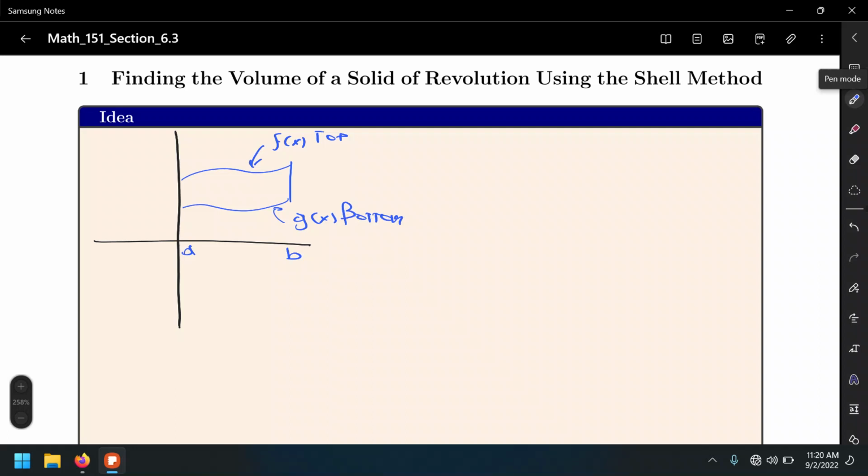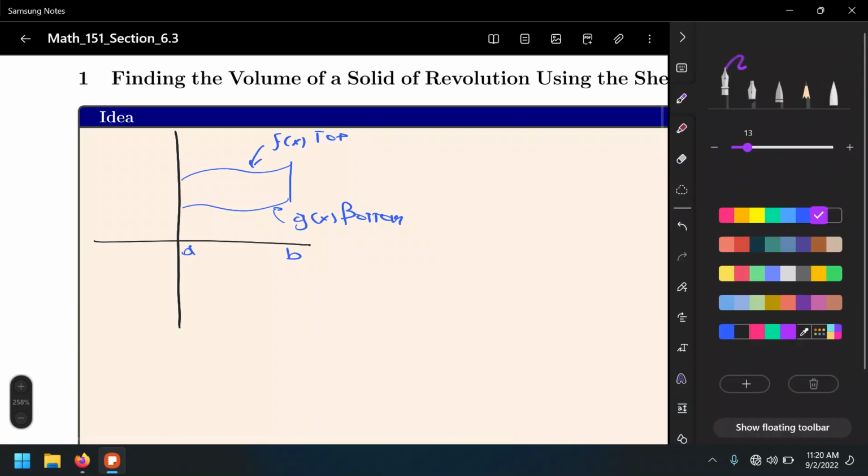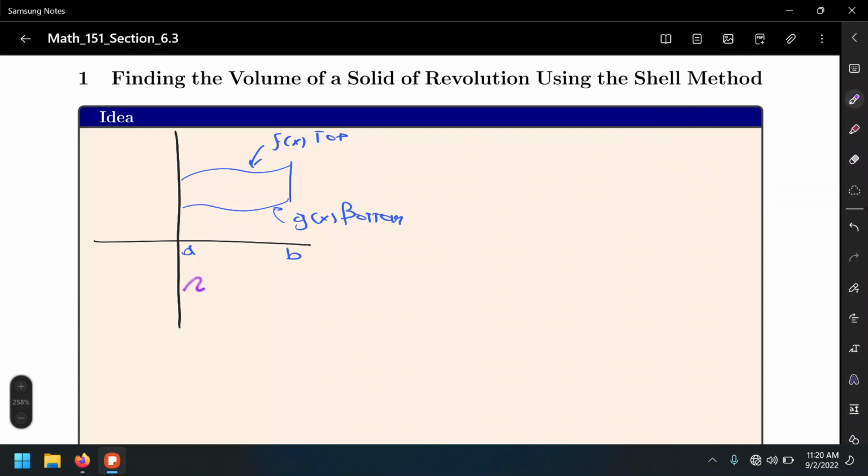Alright, same idea as before: top minus bottom, and then we will discuss the rightmost minus leftmost in a second. So if we rotate this about the y-axis, we're going to get this.